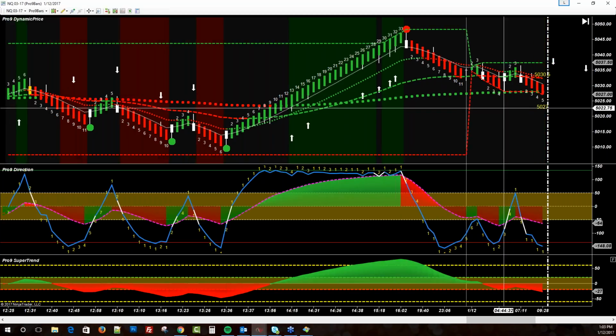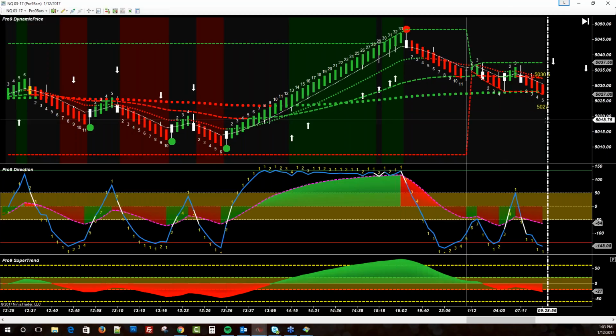So I got NQ up. I haven't really looked at these charts this morning, been kind of busy, but let's hop right into it. So we have our opening bell right here. Well, this is 2 minutes before opening bell. And I do like to look at the charts before market open just to get an idea of what's going on right now, if there's going to be any possible trades right at the opening bell.